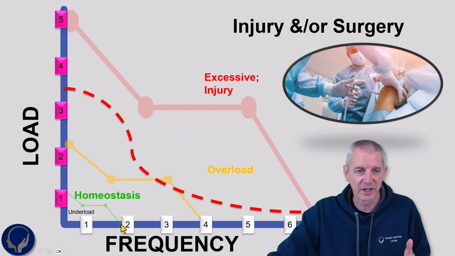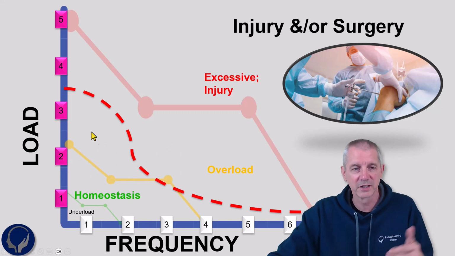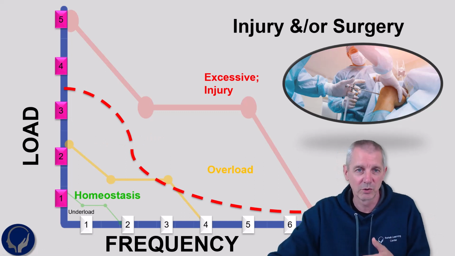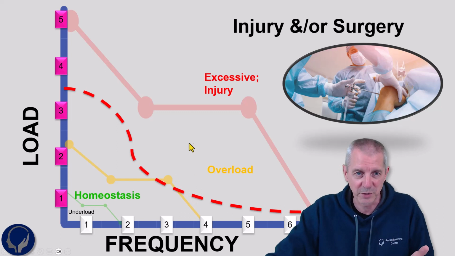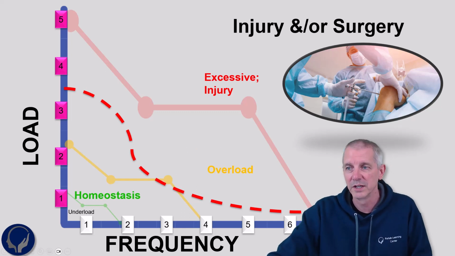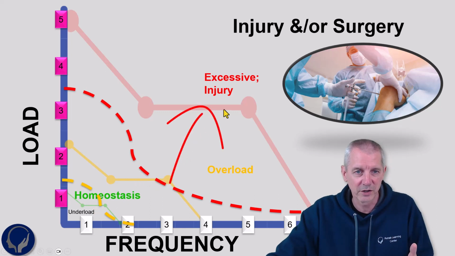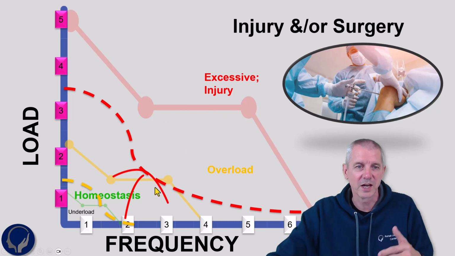So it takes less frequency and less load to get into excessive overload or injury. And so because the tissue doesn't tolerate as much, the capacity of the tissue is lower. And so that goes lower, as well as does your overload zone. So your overload zone went from here to here, from here to here. Now it dropped down to here to here. So things that were normally okay before are not going to be okay.